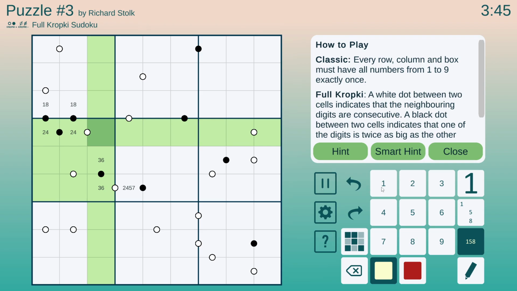It could be 1, 5. Interesting. That seems pretty limited, but I can't think of how to get it more limited. This is either 2, 7, or 9. That's a bit of a mess.